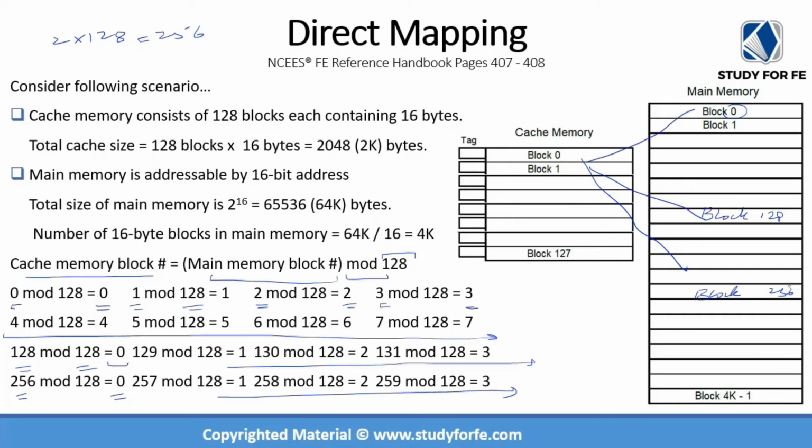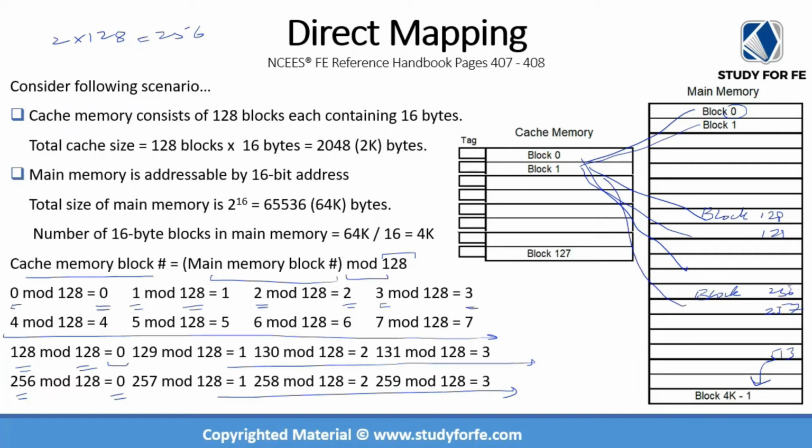and everything which is 1 larger than the multiple, so 129, 257 and 513 and so on and so forth up until 4k minus 1, right? So you can calculate this up to the end of the main memory. So everything that is resulting in a remainder of 1 will end up in block 1.